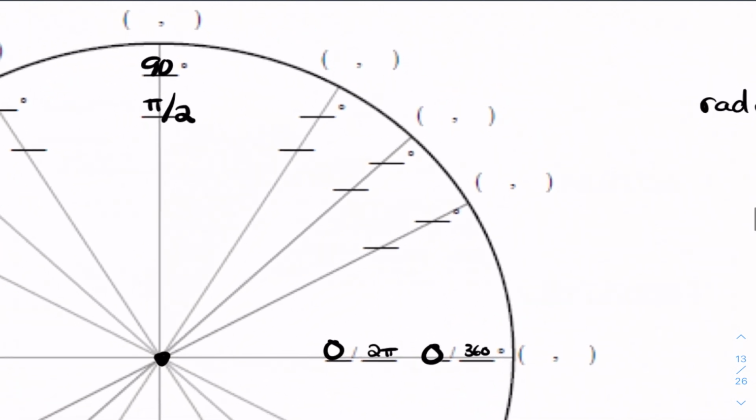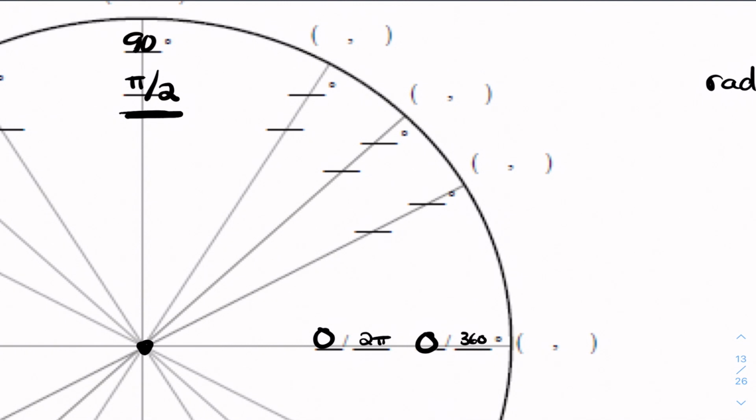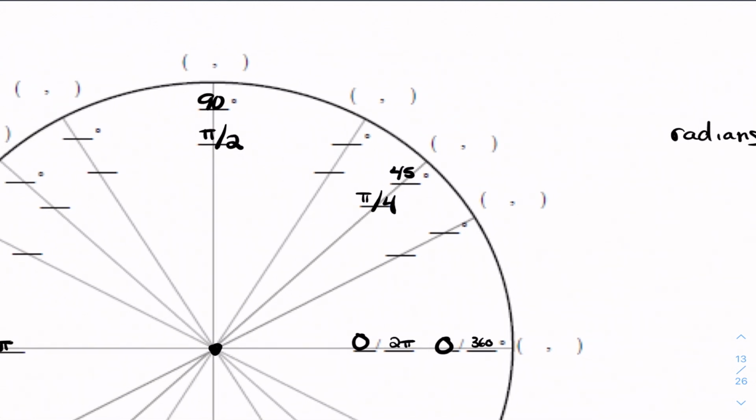And what I want to do is take half, again, of pi over 2, where half of 90 degrees is 45. And half of pi over 2 is, half of a half is a fourth, so pi over 4. So now we're going to count by 1/4.